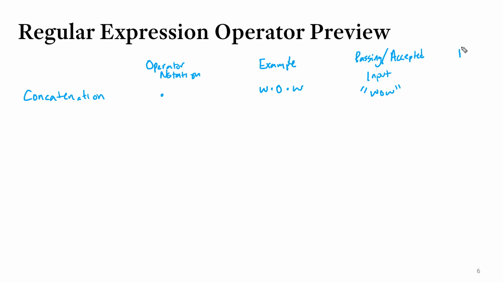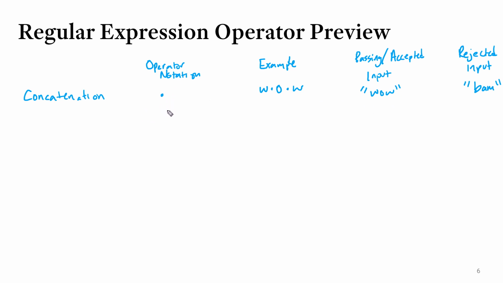A rejected input example would be BAM. So BAM would be rejected here, okay? So concatenation makes sense. This one's the most straightforward. We're saying one character must follow another, or one part of a regular expression pattern must follow another.